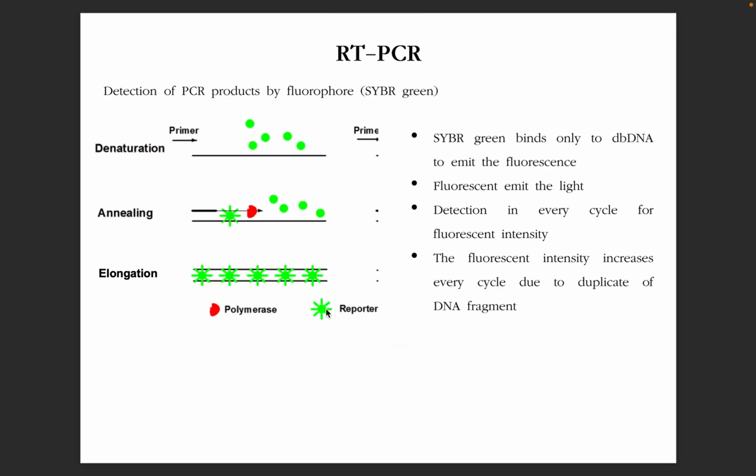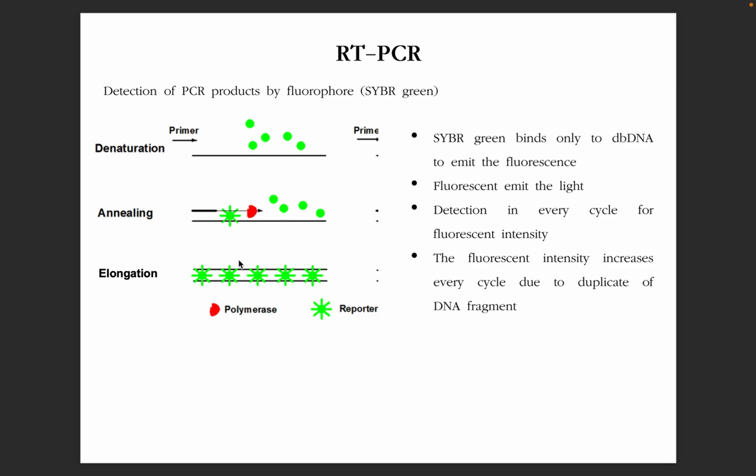There are a variety of methods to determine the number of products produced from the PCR. This is one example using SYBR Green, so-called cyber green, which binds only to the double-stranded DNA to emit fluorescence.